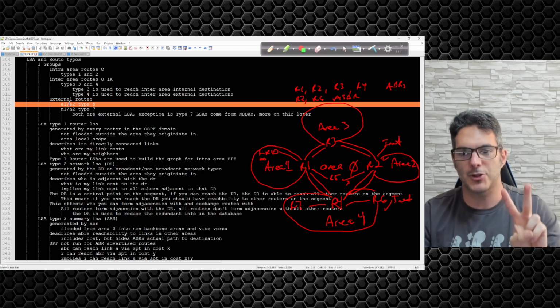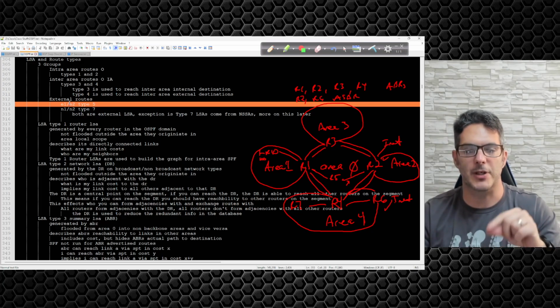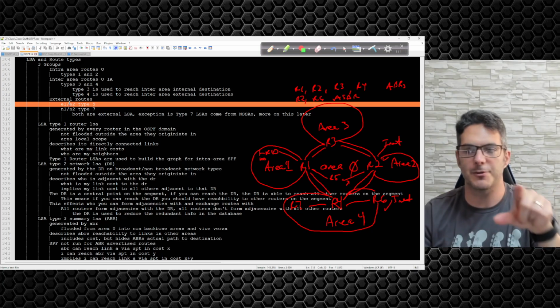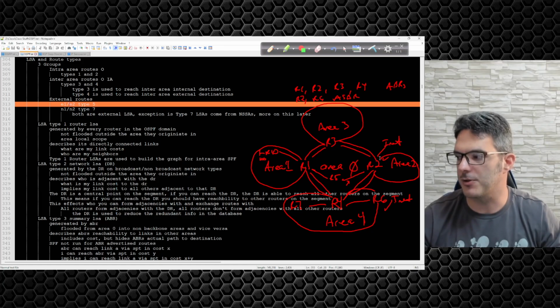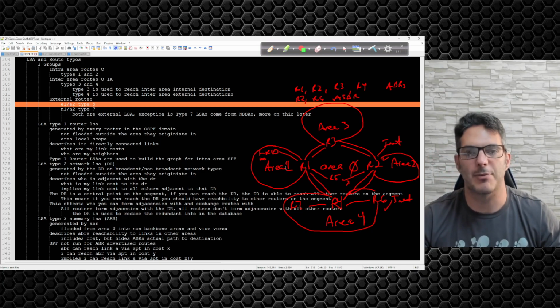And because it's an external Type 2 route, its metric never increments as it flows through the OSPF domain. So if I go on R2 and redistribute a default route into OSPF, it gets propagated with a metric of 20 and an AD of 110, because that's OSPF's administrative distance. It gets propagated into every router in the area, and no matter how far away from R2 it gets, its metric never increases.